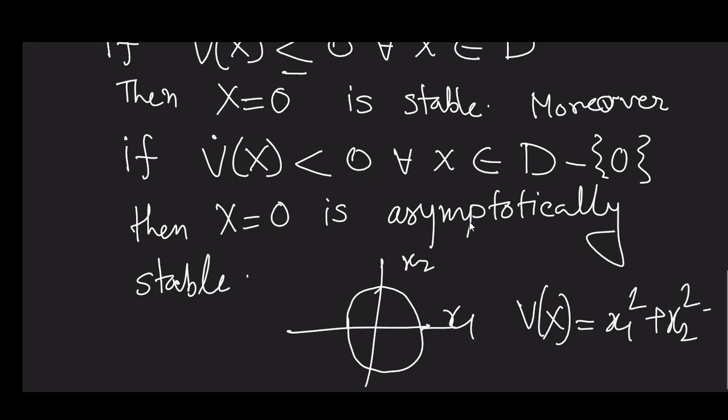Now everywhere you will get V(x) equal to 1, your V(x) is constant. Now if you try to obtain a reverse mapping, so basically what is V(x) doing? V(x) is a function.